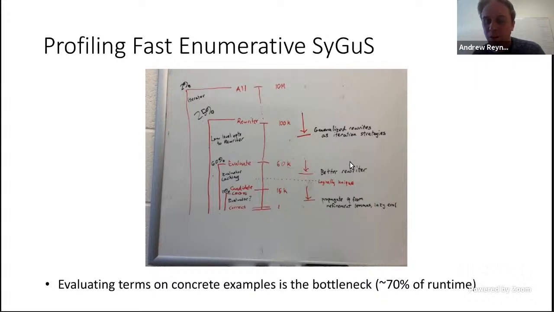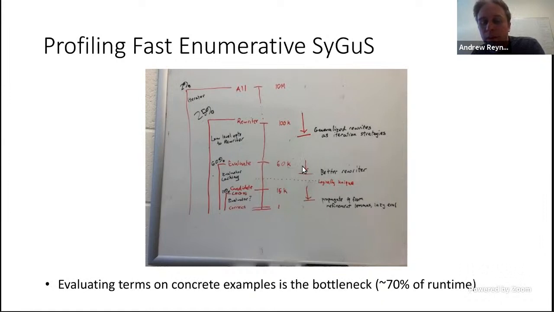Once your evaluator is as optimized as possible, the only way to really improve runtime is to decrease the number of terms you consider. An easy way to do this would be to make your rewriter more and more effective, because if you can show a term is not unique based on rewriting, then that saves you the trouble of having to evaluate it.